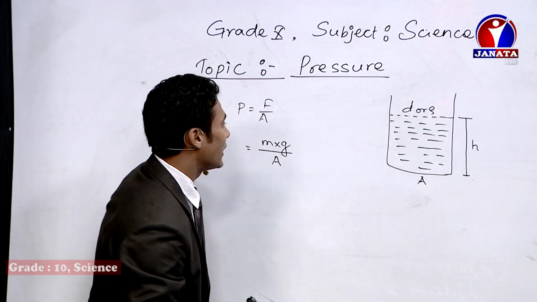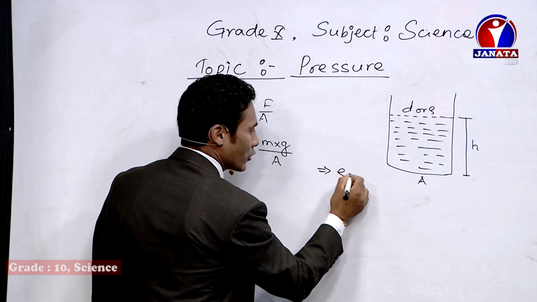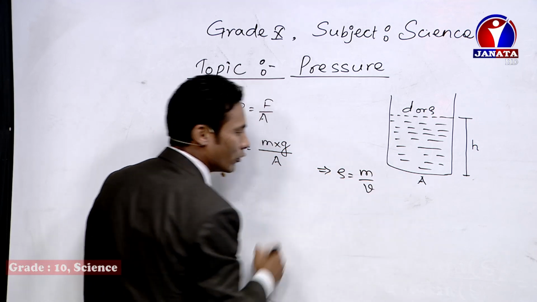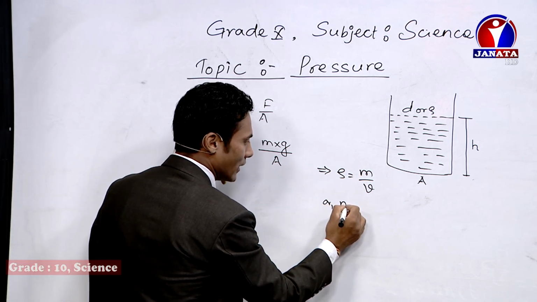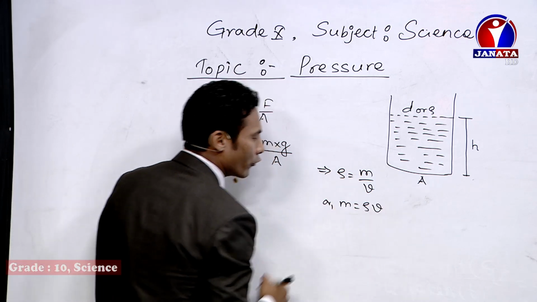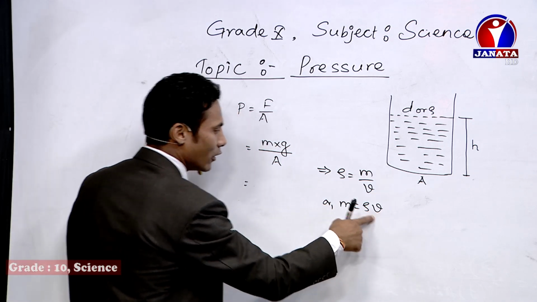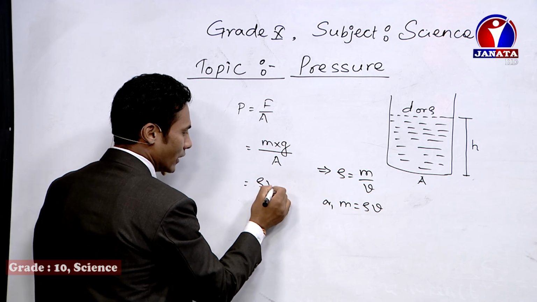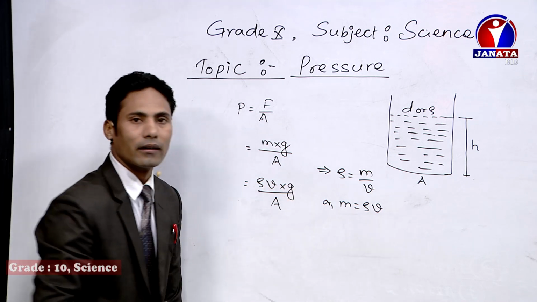That's why instead of mass we can use density equals mass by volume, so mass m equals density into volume. So instead of mass, let's put rho V into g by A.